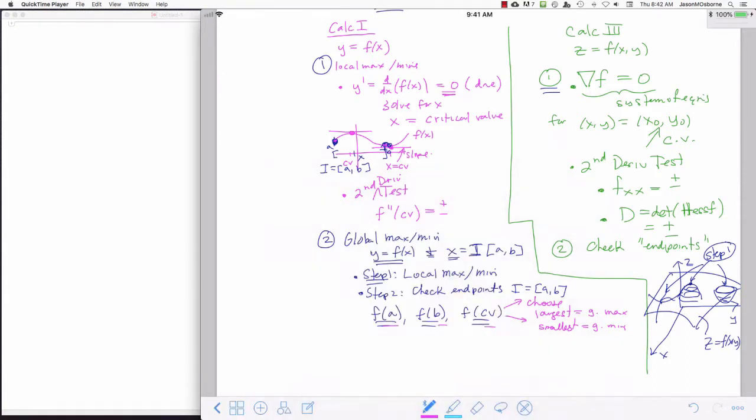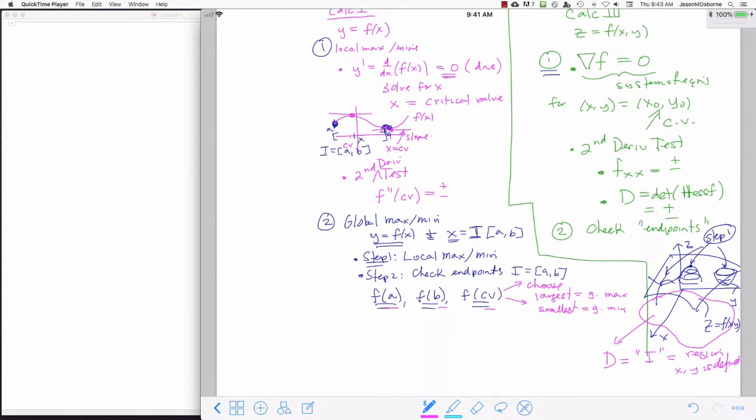But then you are restricting the domain. D would be the equivalent of the interval for calculus 1. It's some region where x and y is defined. Then maybe, when you look at that part of the function above this region, maybe there are points along the outside above this domain.